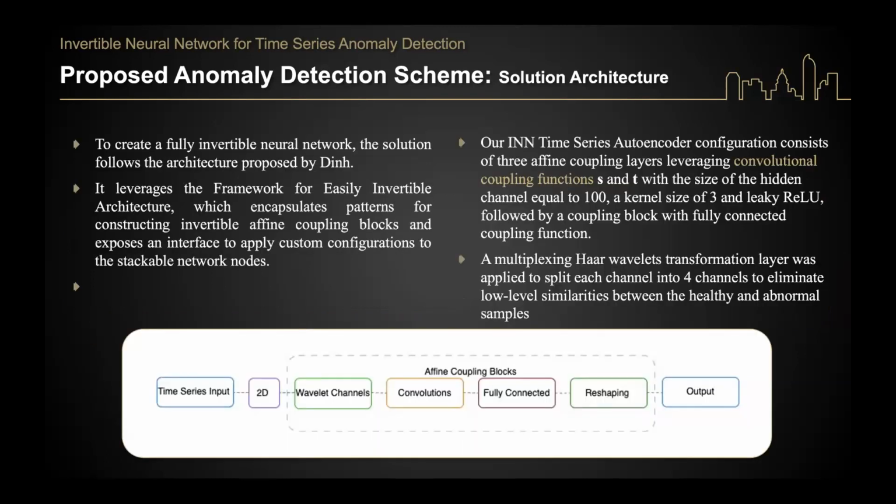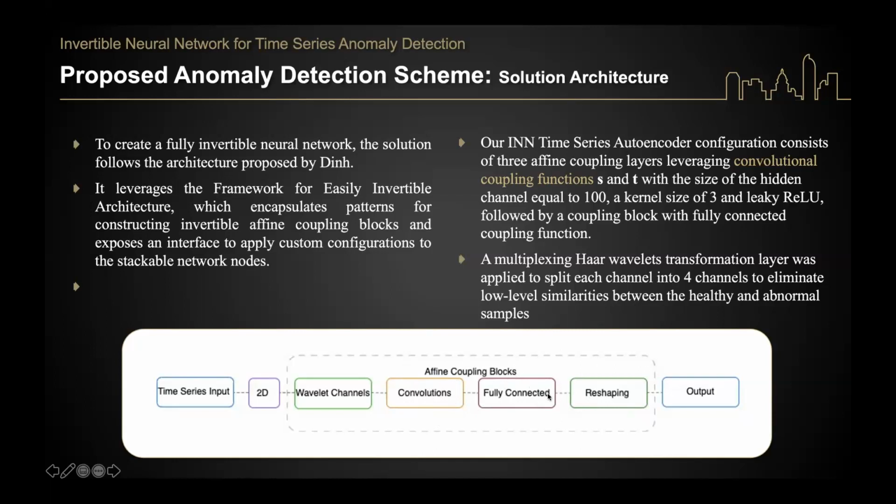And this whole chain of affine coupling blocks, there's a whole chain of those. I mentioned that these types of coupling blocks have to do with the variety of these two functions we saw in the previous diagram, S and T. So if we apply convolutional functions as the coupling functions, you have the convolutional coupling block.